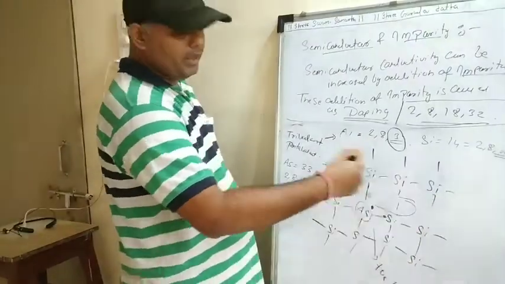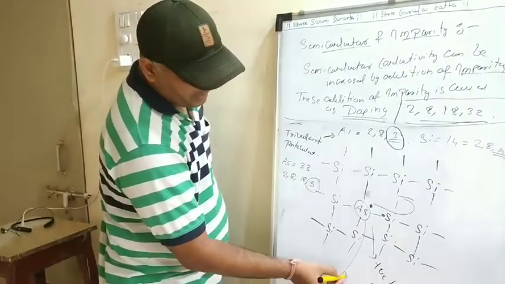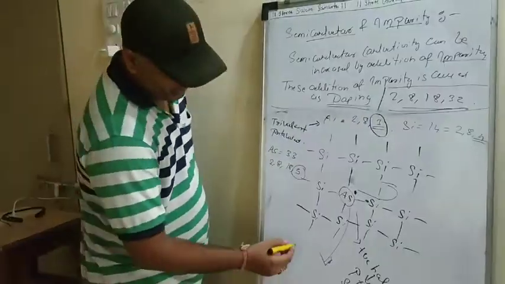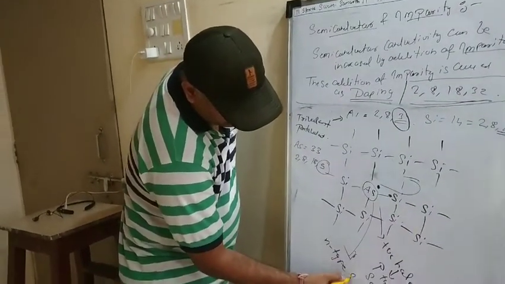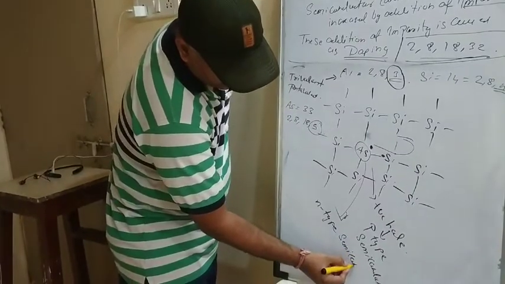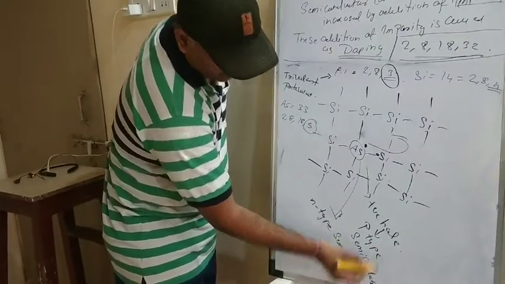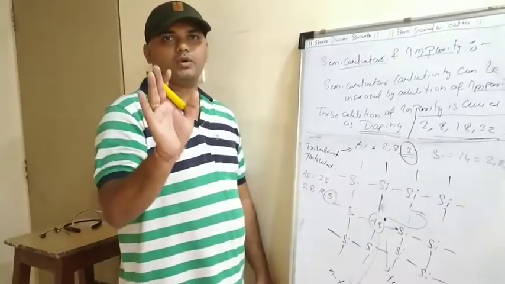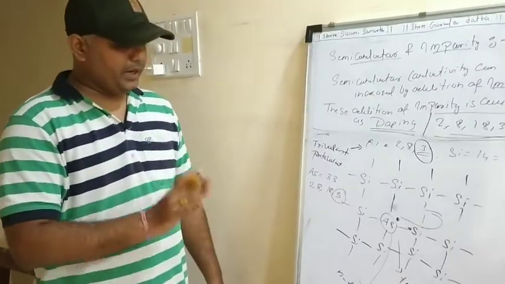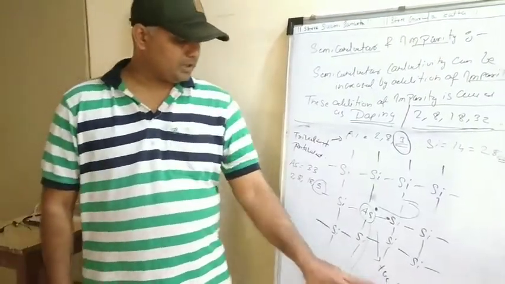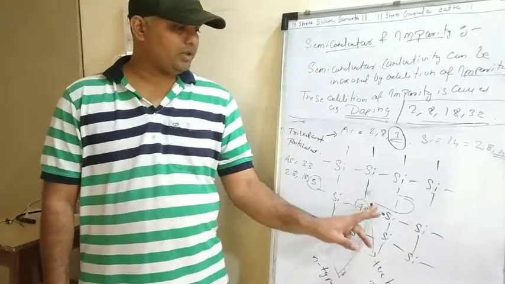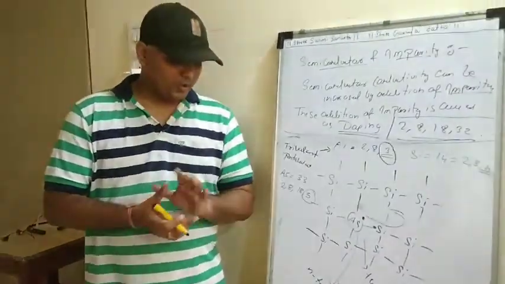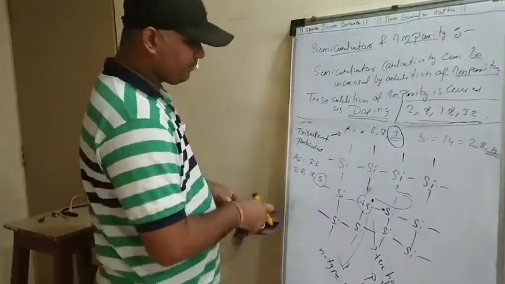It will generate electricity, and such a semiconductor is said to be an N type semiconductor, right? I hope that you have understood what is the N type, what is the P type semiconductor, what is the positive hole, what is the negative electron, and what is the role of the negative electron in this semiconductor, right? Okay, now let's move further.